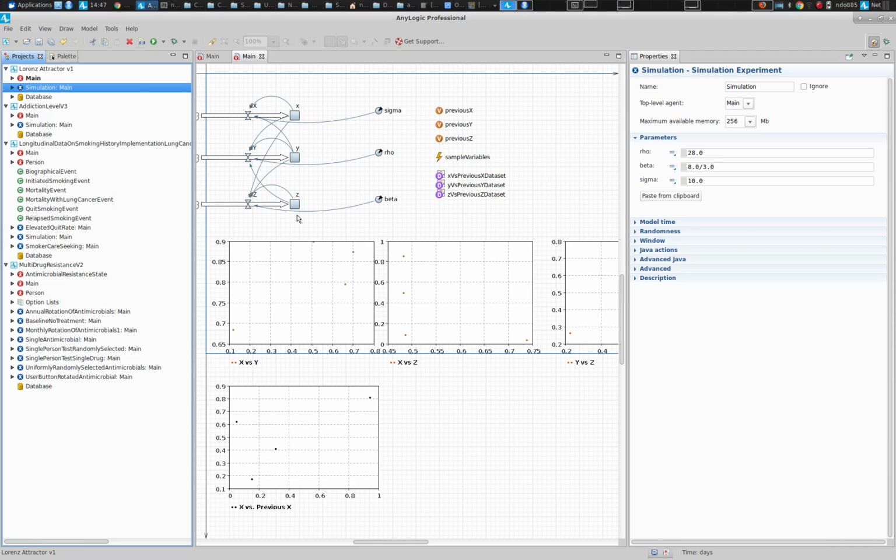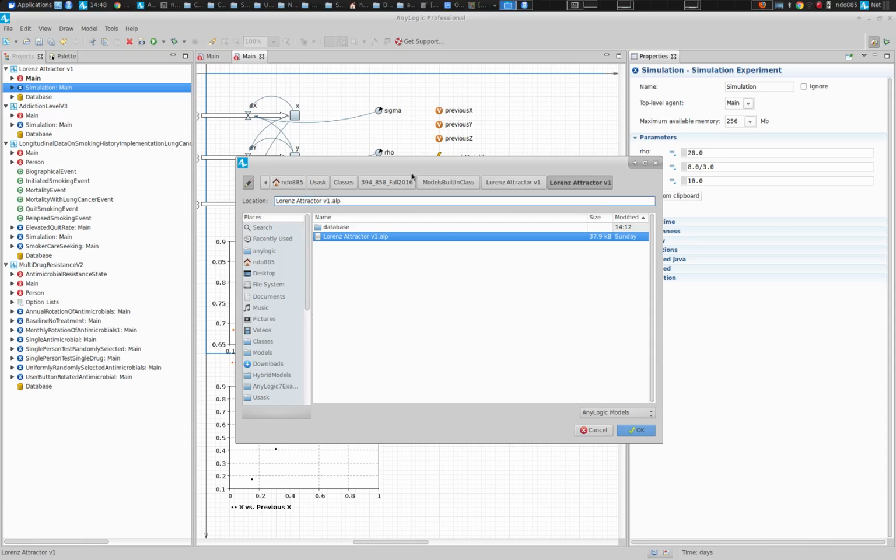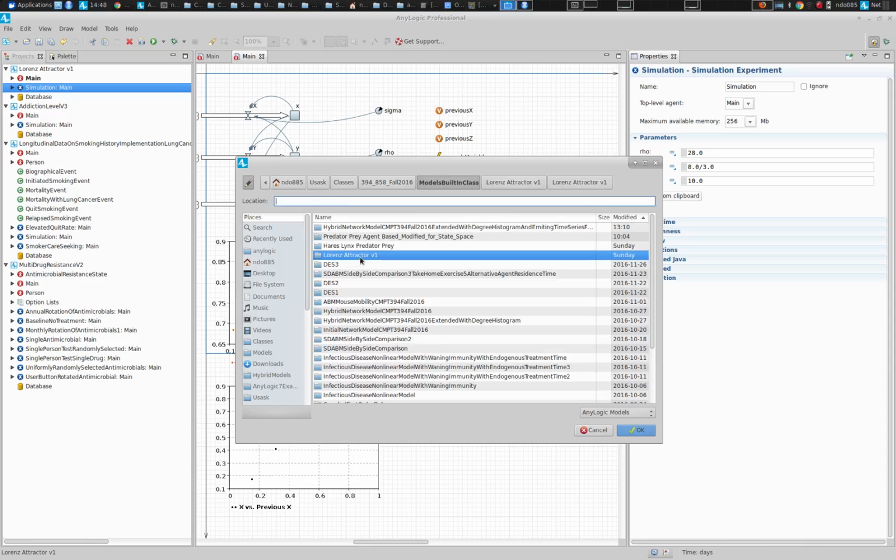Okay. So, ladies and gentlemen, we're going to go to AnyLogic here, and I'm going to open up a copy of this model. It's called Hare Lynx Predator Prey.